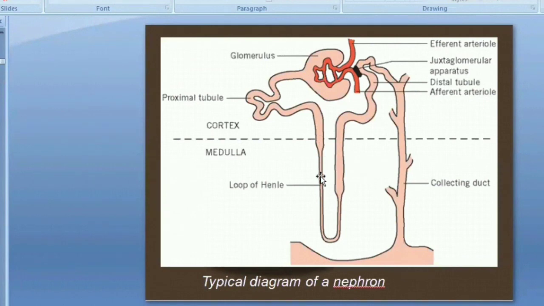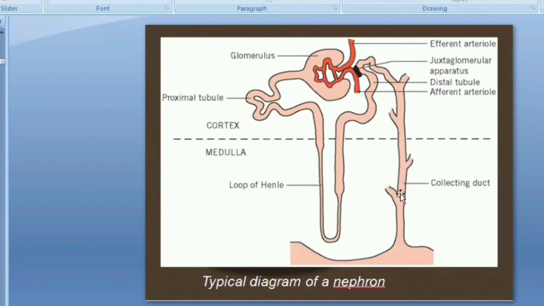First the descending limb of the loop of Henle, then the ascending limb of the loop of Henle, then it enters into the distal tubule. First the distal convoluted tubule, and this distal convoluted tubule ultimately enters through the connecting tubule into the collecting duct.